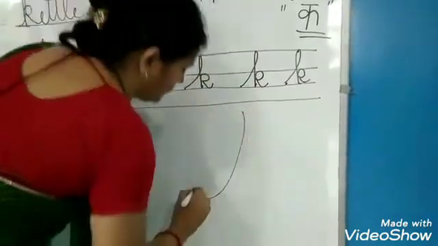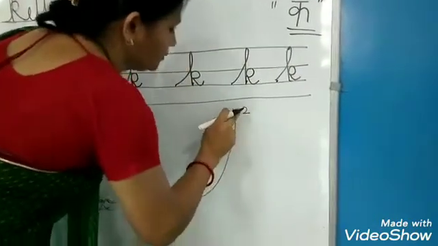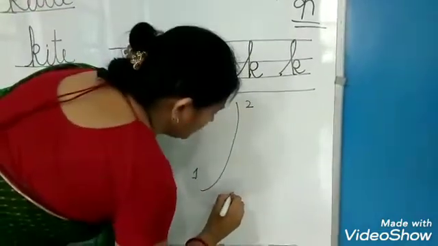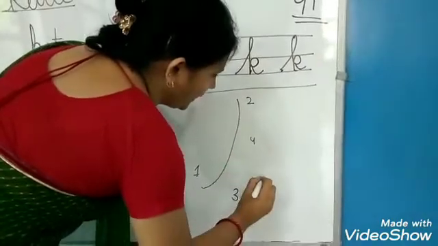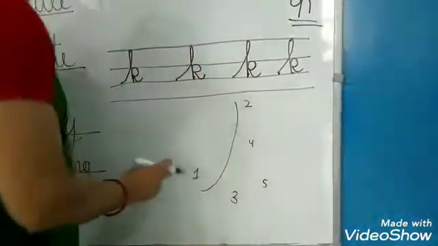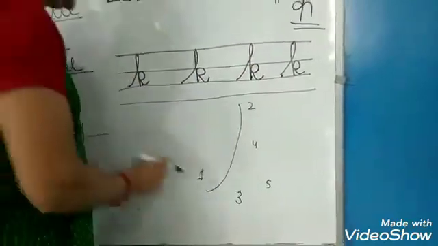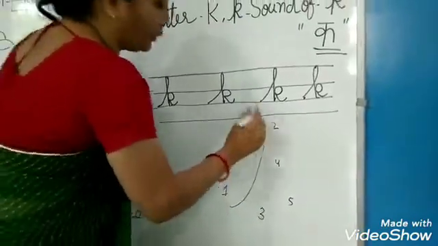go up. Number 1. Go to number 2. Okay. And number 3, number 4 and number 5. 1, 2, 3, 4 and 5. So children, go to number 1 to number 2.